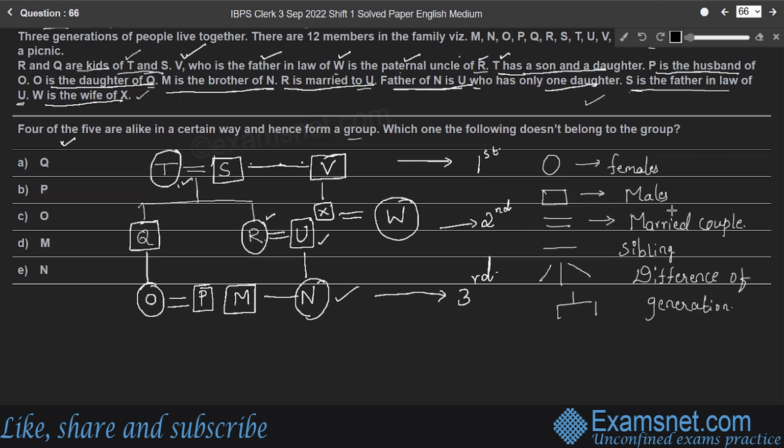In the options, Q belongs to the second generation, whereas P belongs to the third generation. O belongs to the third generation. M is also third generation, and N also third generation. Therefore, Q, option A, is the right answer. Except Q, all belong to the third generation.